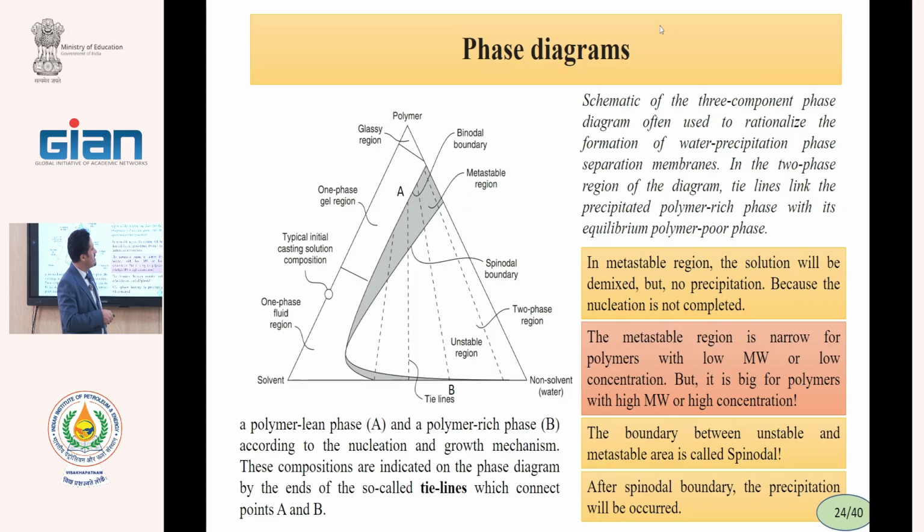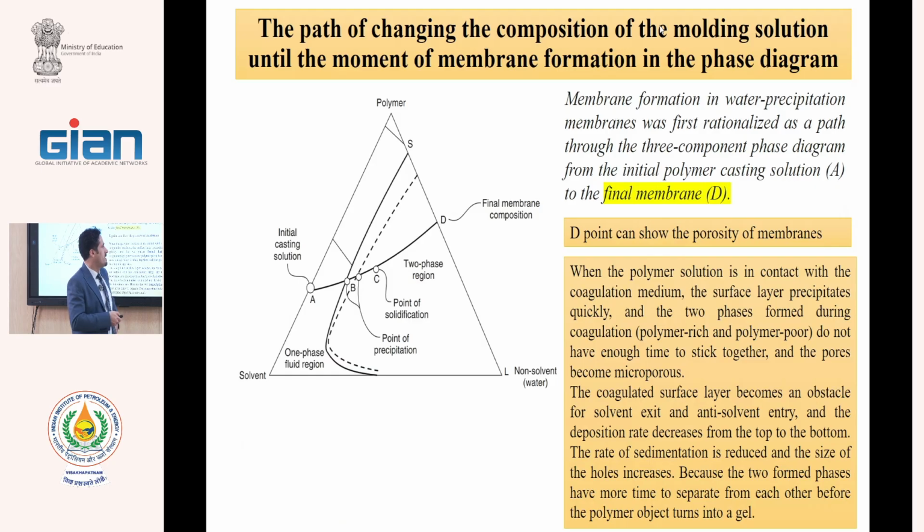That spinodal boundary is the boundary between the solid and metastable area. After the spinodal boundary, we have a solid membrane, and we give time for this point to reach this area for production of a membrane.